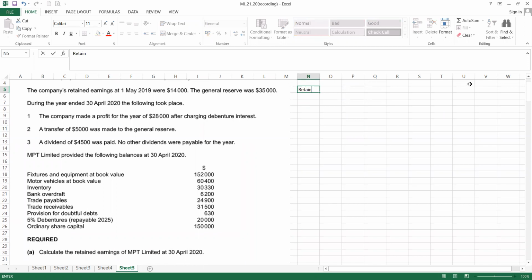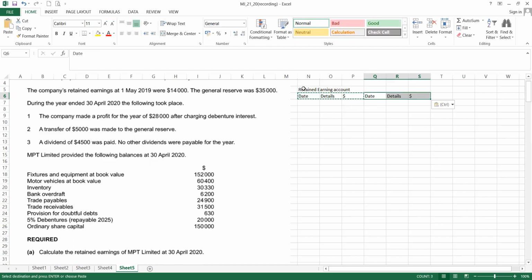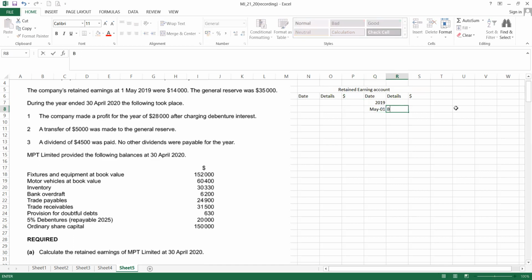Retained earnings account, with date, details, and dollar sign. Beginning of the year, 2019, there is an amount of balance brought down.